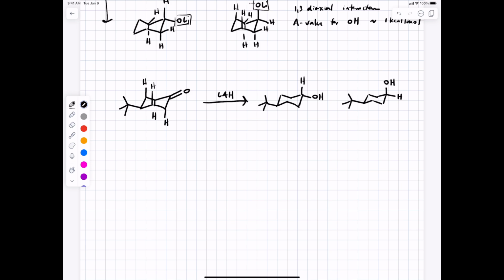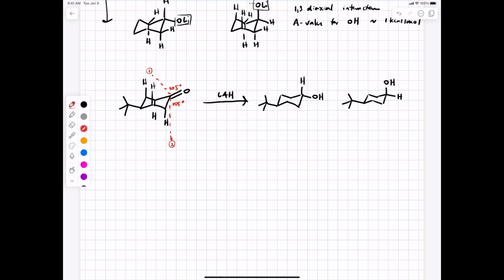Right. I mean, we're thinking about Bürgi-Dunitz trajectories. You've either got that trajectory or this trajectory, A or B. I might want to use A or B for other things. So 1 or 2.